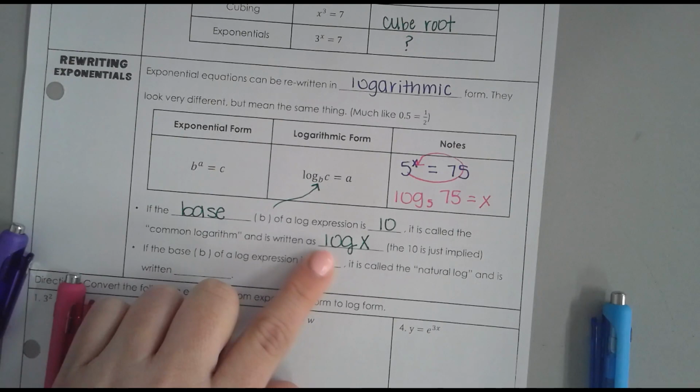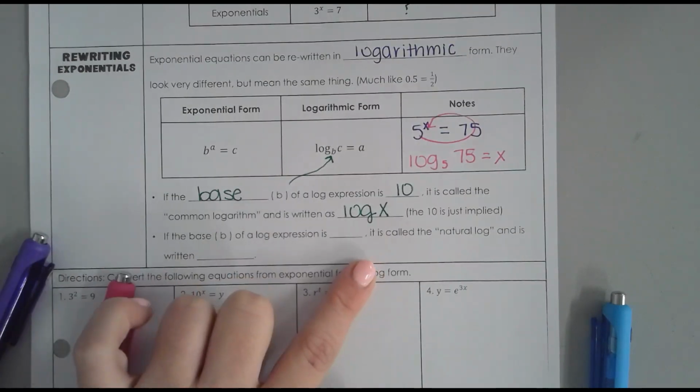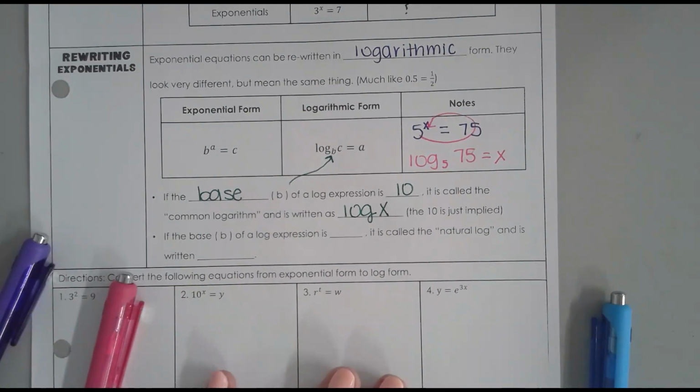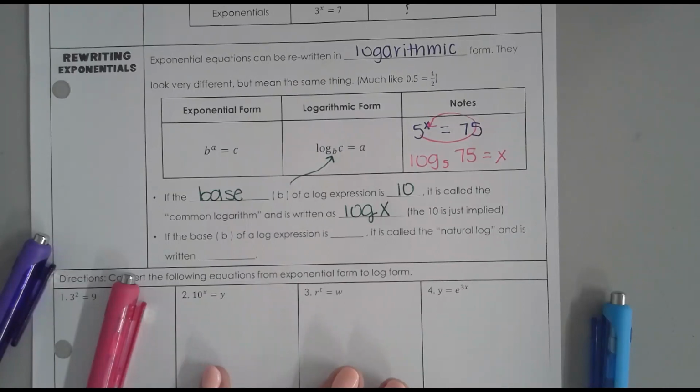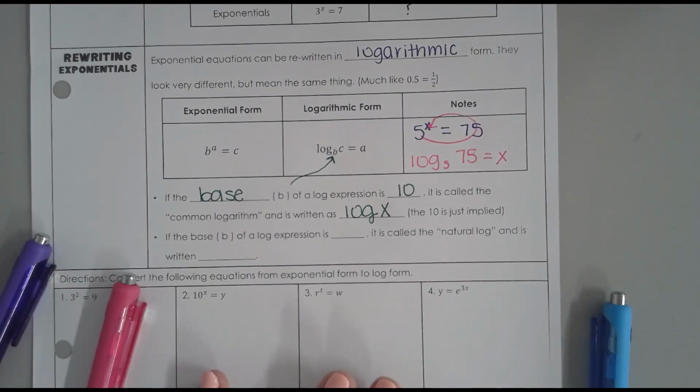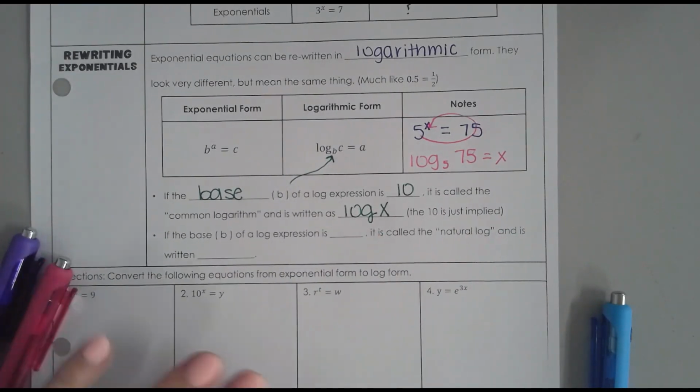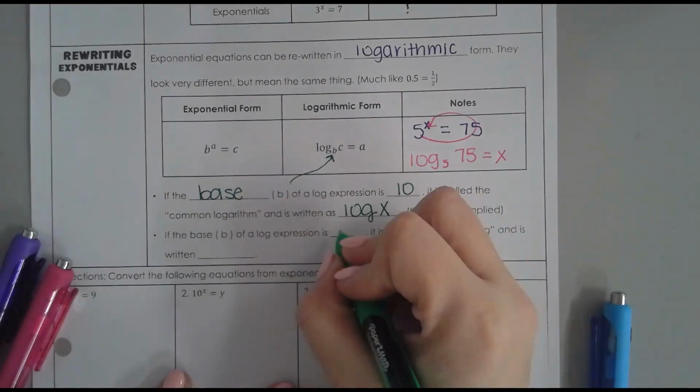If your log has an x and there's no little number down there, you can assume that little number is a 10. Kind of like when you see an x, you assume that there's a 1 in front of it, but we don't write it.